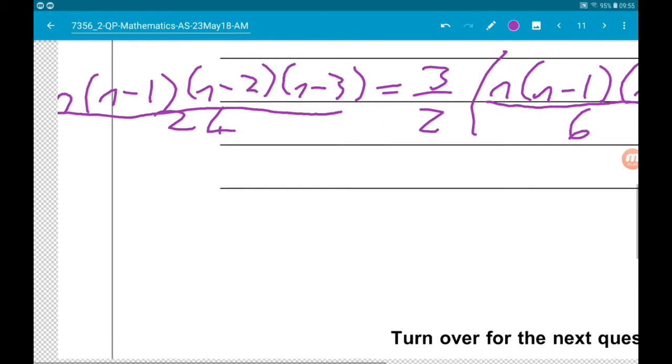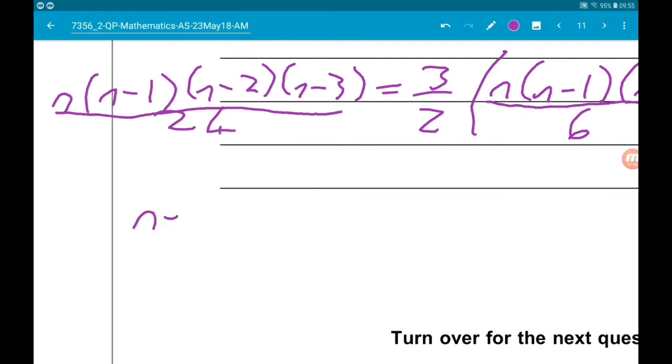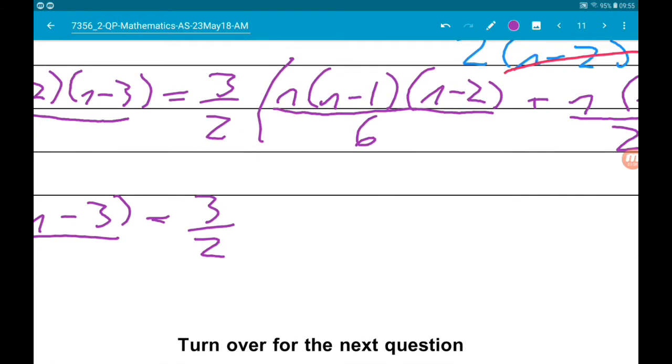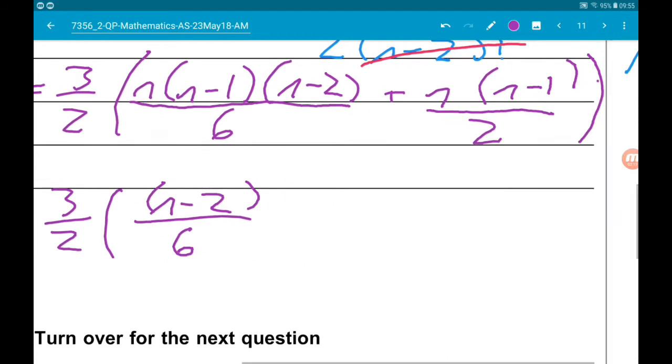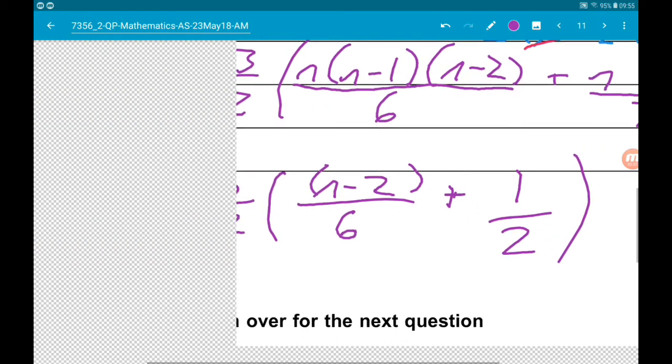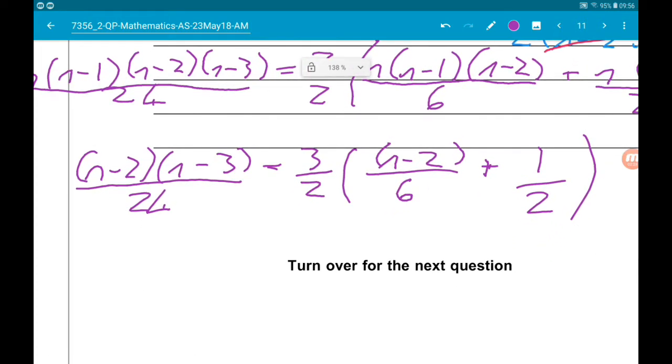So that's going to leave us with n minus 2 times n minus 3 over 24 is equal to 3 halves times n minus 2 over 6 and just 1 half. So that is starting to look considerably nicer.